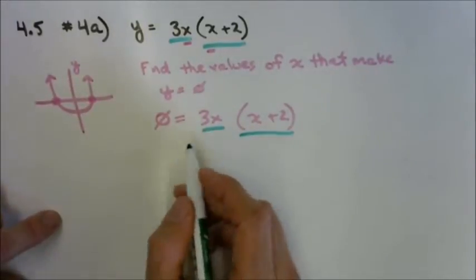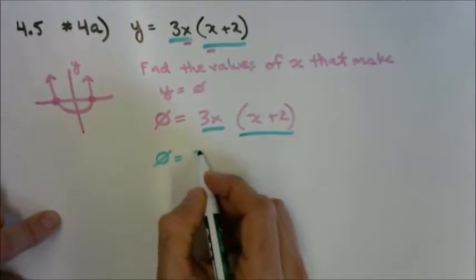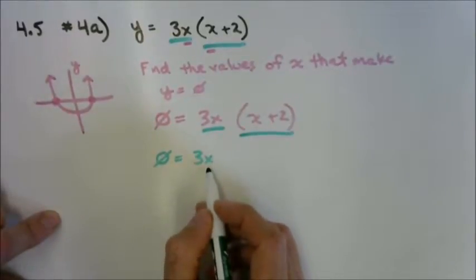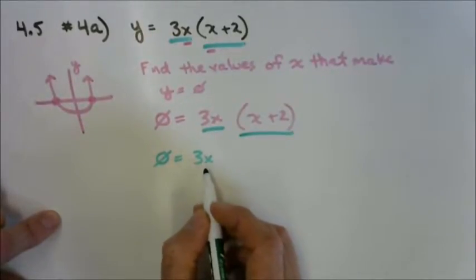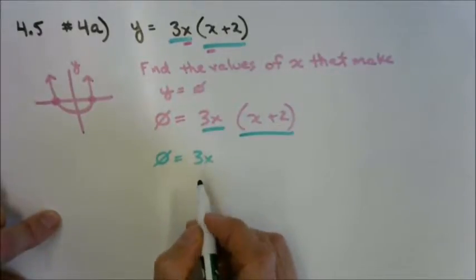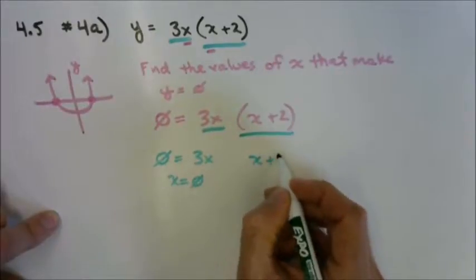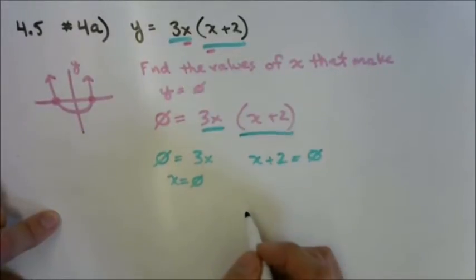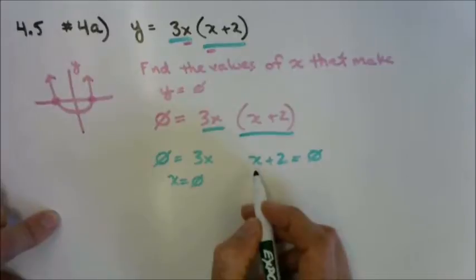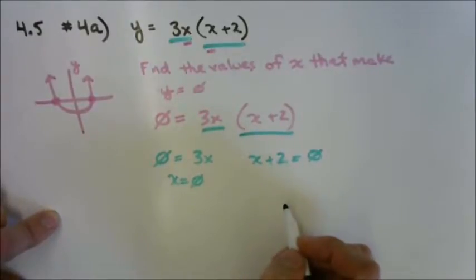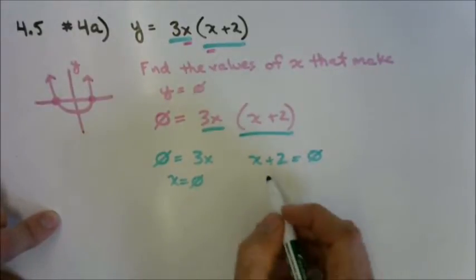Well, let's say 3x equals 0. What does x have to be in order to make 3 times x equal 0? 0. X equals 0. Well, what about over here? Let's say x plus 2 equals 0. What does x have to be in order to make x plus 2 equal 0? Negative 2. We could solve this algebraically.